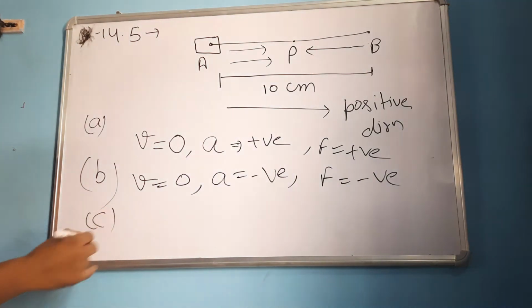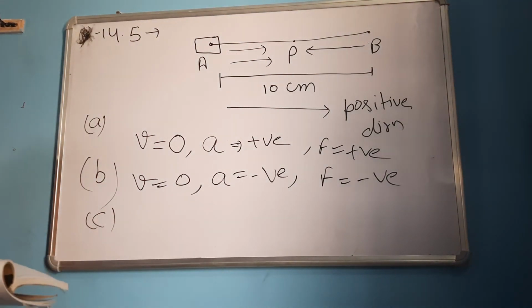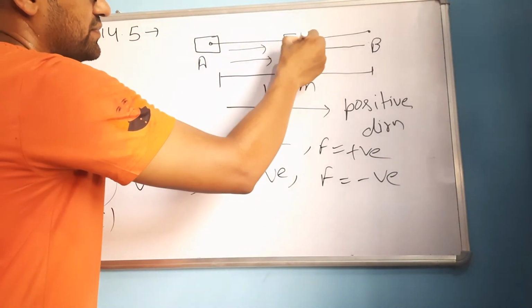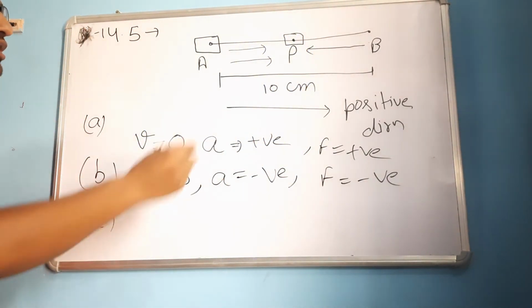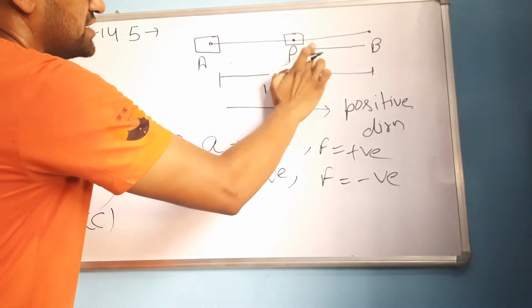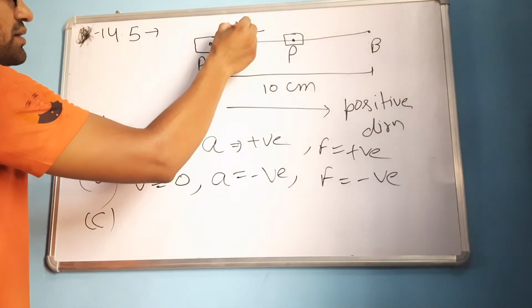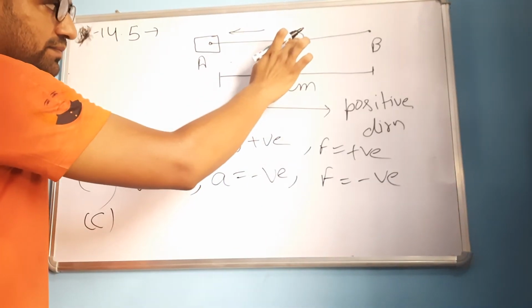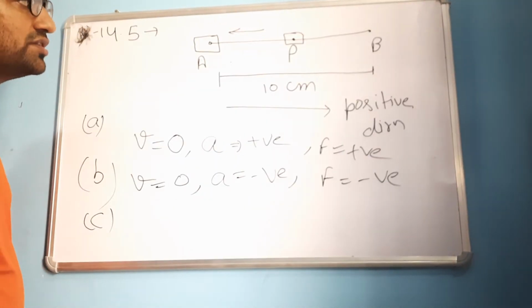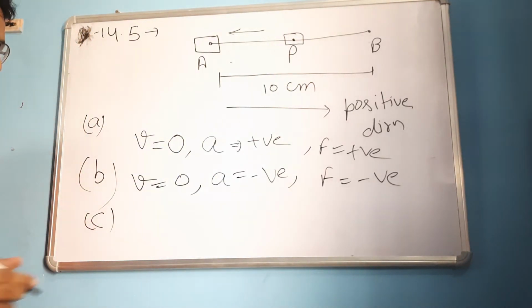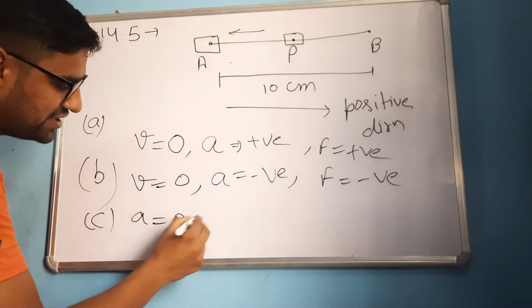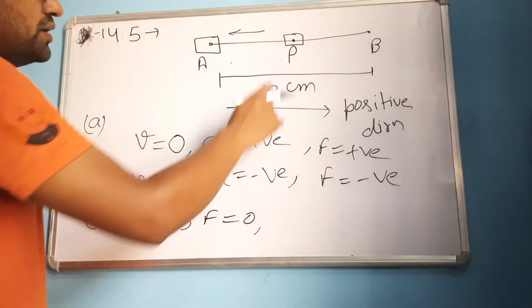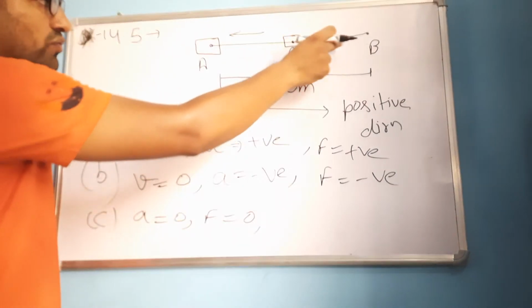In the third case, at the midpoint of AB, going towards A, our particle is at this midpoint and going in this direction towards A. Here the particle is at the mean position, so acceleration and force will be 0, because our force is always towards the mean position.